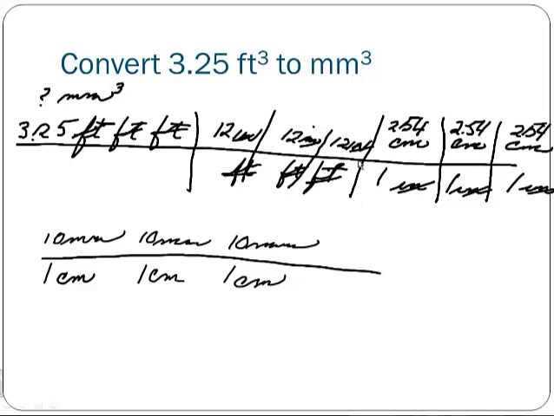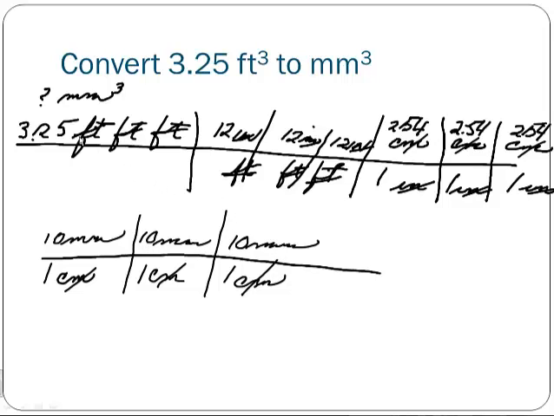Now, coming back over here, I can cancel centimeters. Centimeter cancels centimeter, and centimeter cancels centimeter. And my final answer, I'm going to have millimeters cubed: millimeter times millimeter times millimeter.